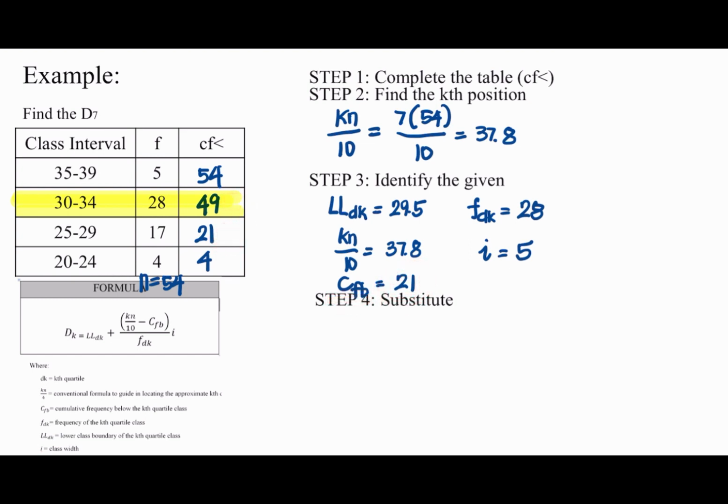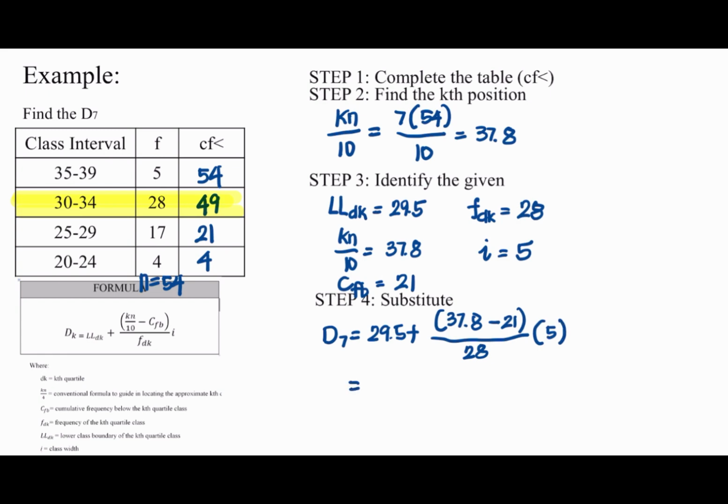Now, we will proceed to substituting the given to the formula. That is D sub 7 is equal to 29.5 plus 37.8, which is the Kn divided by 10, minus C sub FB, which is 21, divided by F, which is 28, times 5.